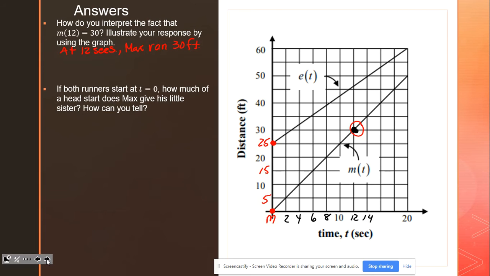That means that Evie got 25 feet for a head start. How can you tell? Evie's function starts higher on the y-axis.